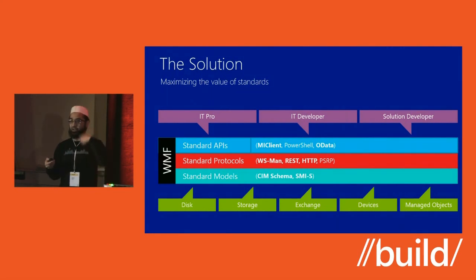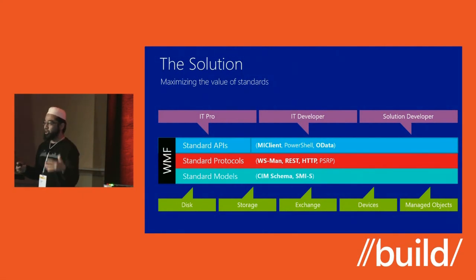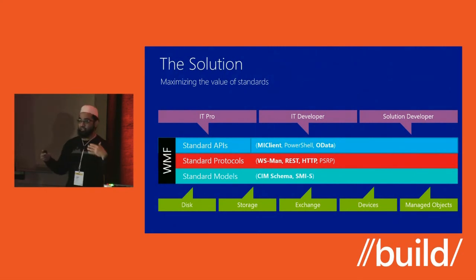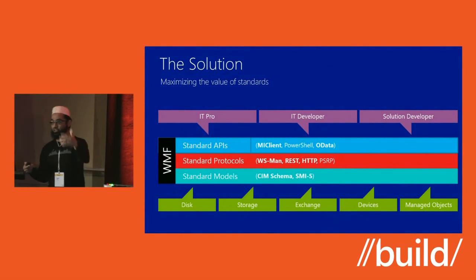When the client talks to manage these objects at the bottom, we have the WS-Man protocol, the REST protocol, all industry standards. And we also have what is considered a standard in Microsoft, the PowerShell remoting protocol. At the top, these are the APIs through which all of this is consumed.